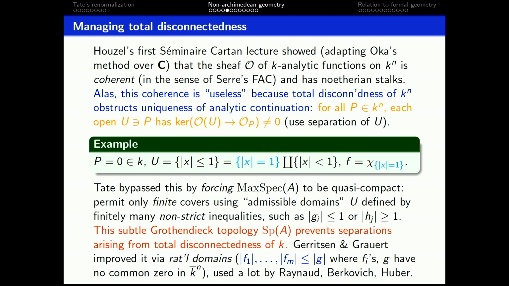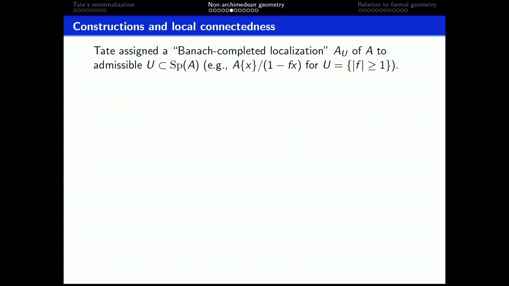Later work by Gerritsen and Grauert introduced the good notion of what's called a rational domain, a simultaneous condition like this, where these have no common 0. And this turns out to be a better starting point, and these are used extensively in the later approaches to non-archimedean geometry by Raynaud, Berkovich, and Huber that we'll come to a little bit later.